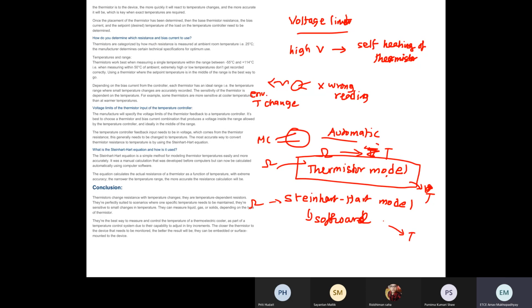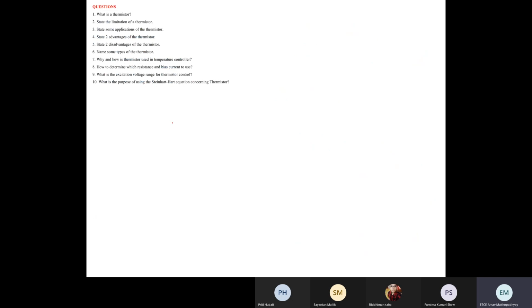The accuracy of this model is very good and it can work over a wide range of temperature. But the Steinhart equation works well when temperature ranges are low. Its accuracy increases. That's it for this lesson.